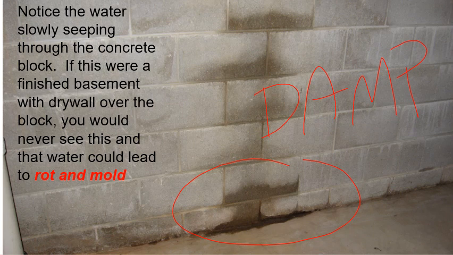And that dampness can lead to something rotting, whether it's wood or carpet or drywall, or it certainly leads to the growth of mold. And mold is very bad for us to breathe in, and we don't even know it's there most of the time.